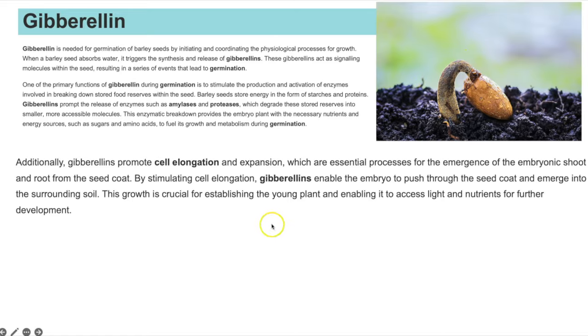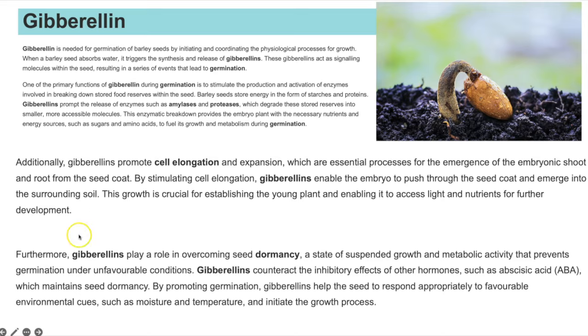And by stimulating cell elongation, gibberellins enable the embryo to push through the seed coat and emerge to the surrounding soil. And this growth is crucial for establishing young plants and enabling it to access light and nutrients for further development through photosynthesis. Gibberellins also play a role in overcoming seed dormancy, which is a state of suspended growth and metabolic activity that prevents germination if there are unfavourable environmental conditions.